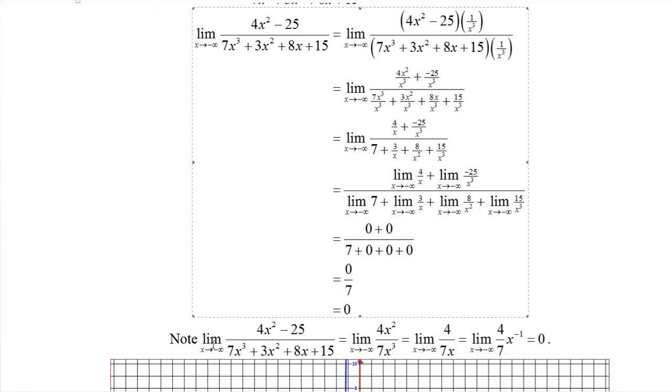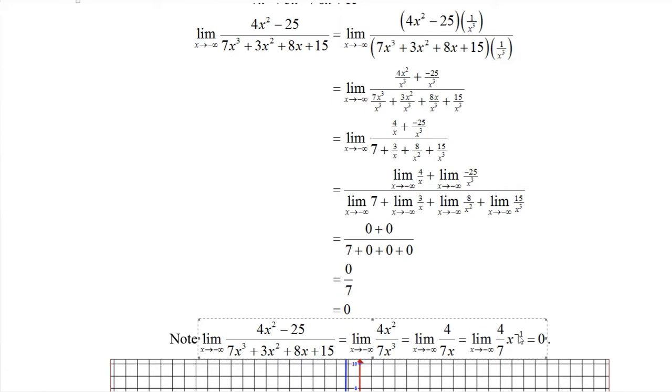So we note that the limit as x goes to minus infinity of (4x squared minus 25) over (7x cubed plus 3x squared plus 8x plus 15) is the same as the limit as x goes to minus infinity of 4x squared over 7x cubed, which is just 4 over 7x, or 4/7 times x to the negative 1. So notice if we take the leading term in the numerator and denominator and just use those two, that reduces to a power function.